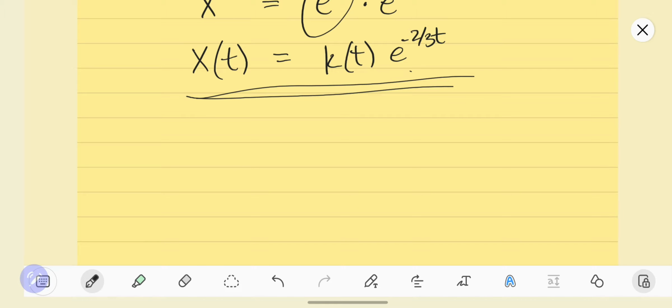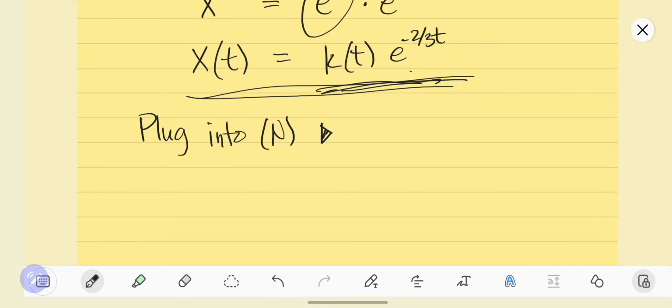But before that, we will again derive the x of t is equal to the k of t e to the negative 2/3 t. So I'll plug into the non-homogeneous.